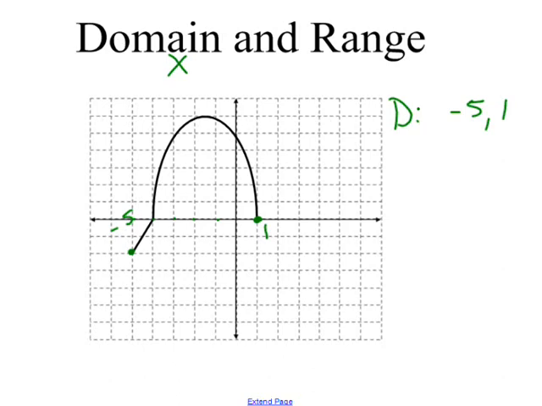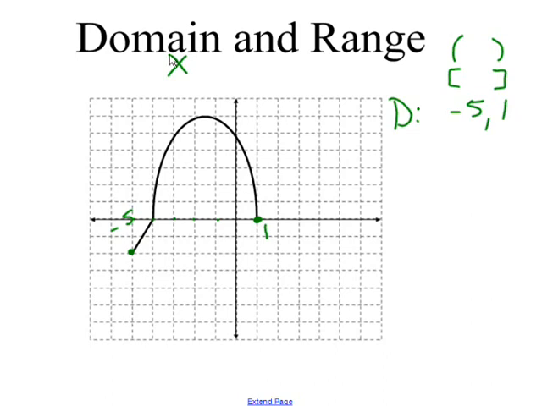So the domain of this function would be negative 5 to 1. Now there's a couple things we also have to talk about when we talk about how I'm going to write this. The big thing is with interval notation, we use parentheses if we do not include, and we use brackets if we do include the endpoints.